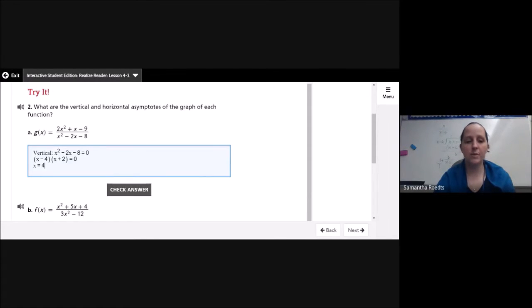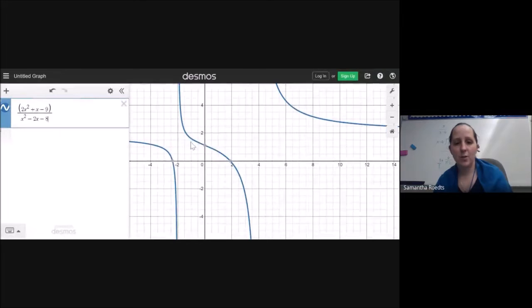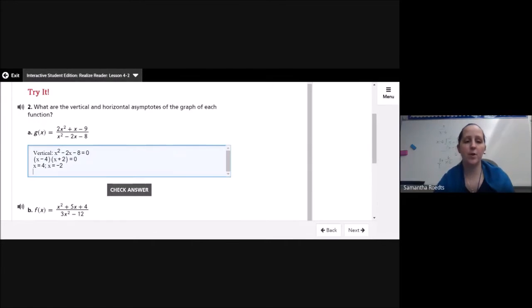So x equals 4 and x equals -2. When I graph this, I can see there's one at -2 and it looks like there is one at 4. Those are my vertical asymptotes at x equals -2 and 4.